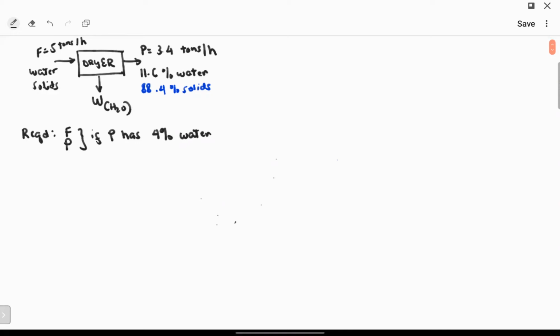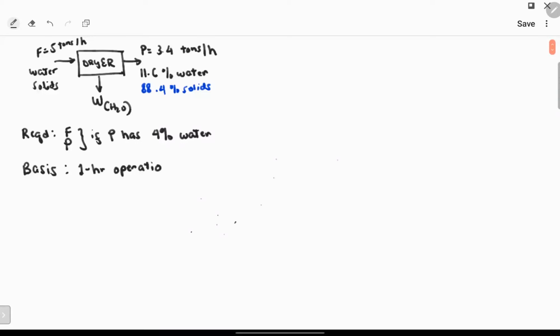Okay? So let's solve. So what will be our basis? Meron ka kasing mass flow rate, which is tons per hour. So we have for feed, it's 5 tons per hour. For the product, it's 3.4 tons per hour. So it's probably a good basis to have na gamitin natin ng 1 hour, or we can say 1 hour operation as our basis.